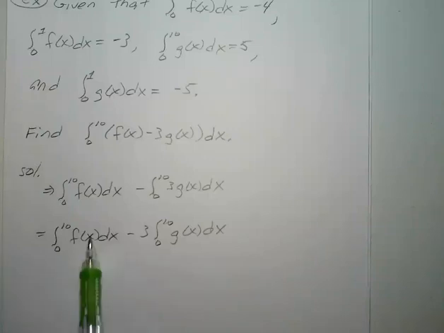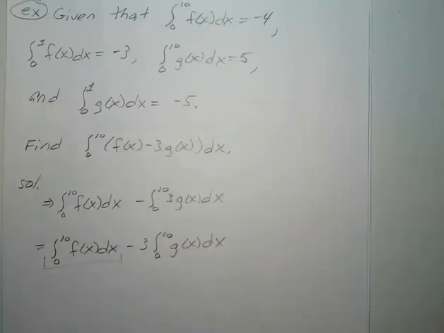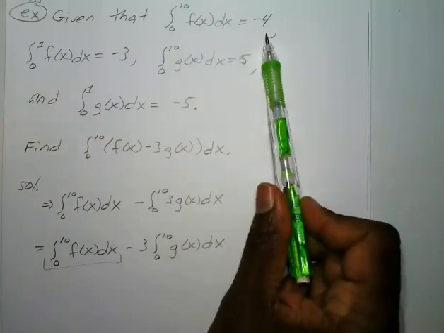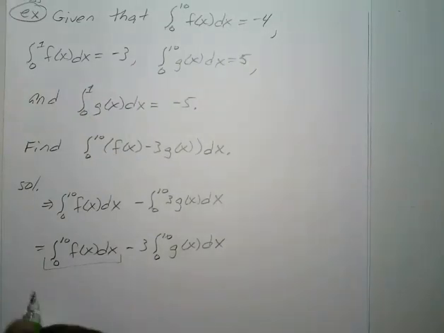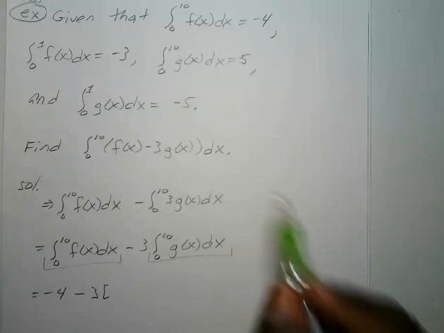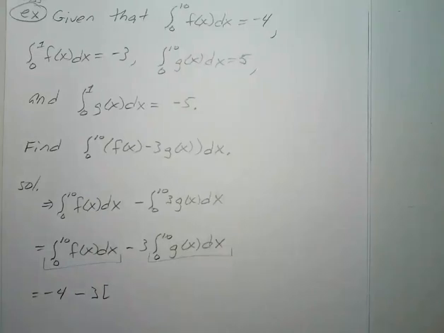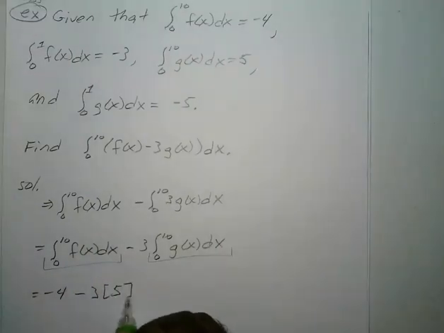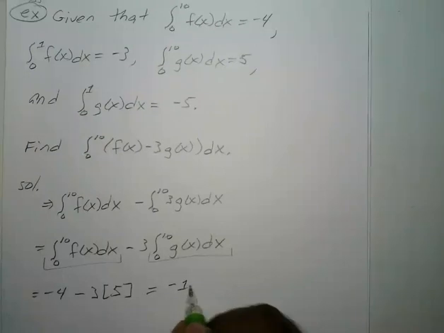Okay, so we know that our integral from 0 to 10 of f of x is equal to negative 4. So that's going to equal negative 4 minus 3 times the integral from 0 to 10 of g of x, which we see is equal to 5. Okay, which is negative 19.